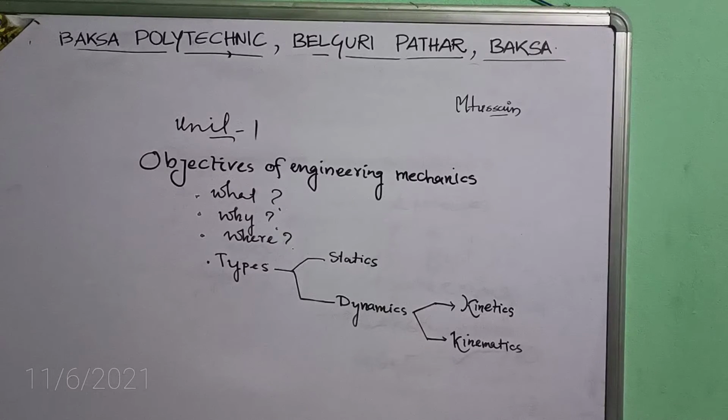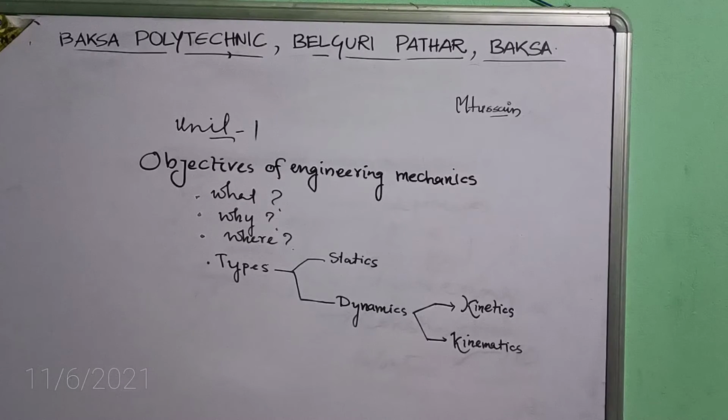Whenever we say the term engineering mechanics, we can define it as one part of applied science, and this science mainly deals with the laws and principles of mechanics. That means how you are applying a force and how it will affect the body on which we are applying this force.